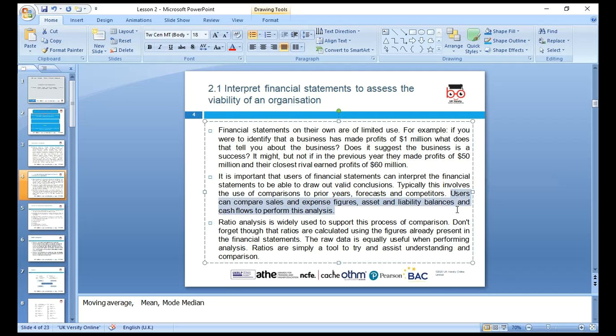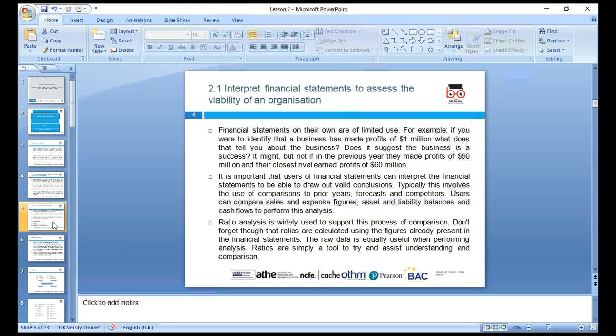Users can compare the sales and expenses figures, and the asset and liability balance, like we discussed in the last lesson as well. Ratio analysis is widely used to support this comparison. Don't forget, though, that ratios are calculated using the figures already present in the financial statements, so maybe we can't rely 100% on the ratios.